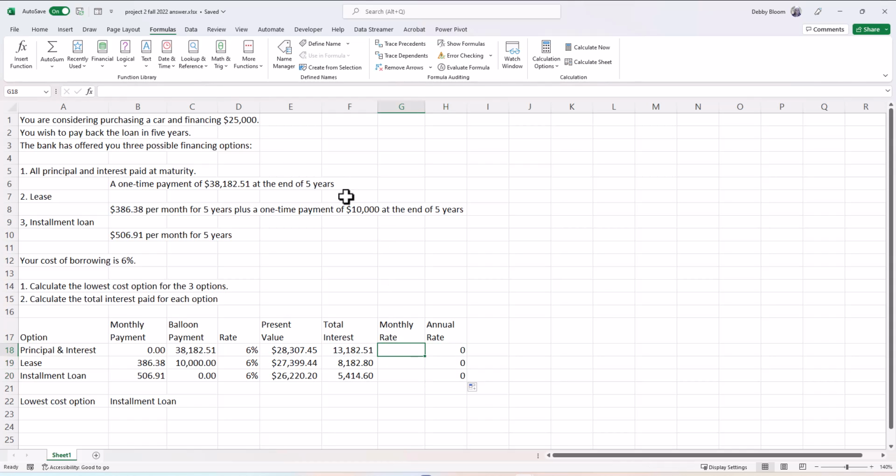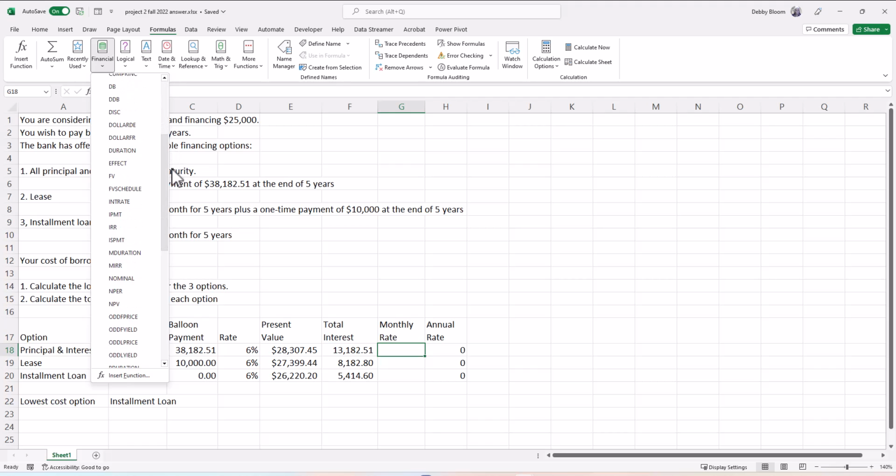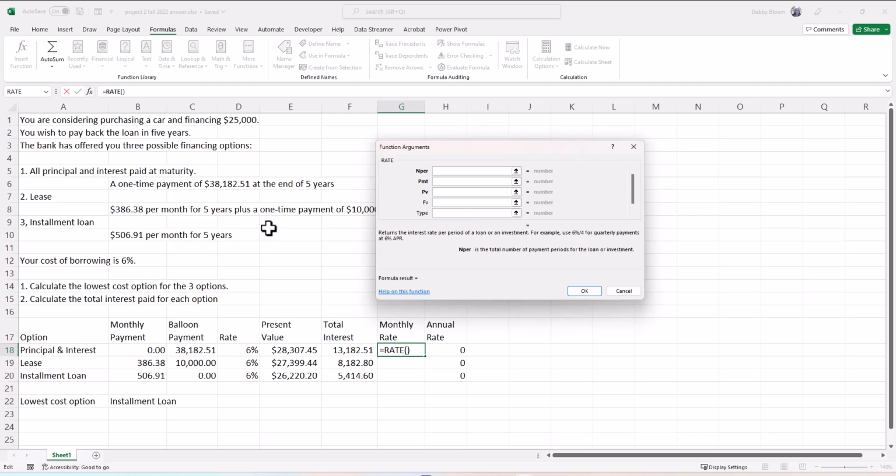Now to calculate the monthly rate, formulas, financial, and rate. So our NPER is 5 times 12, or you could just type in 60. For loan 1, our payment is 0. Actually, that payment should be negative because we're making that.